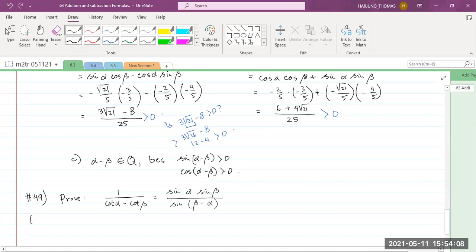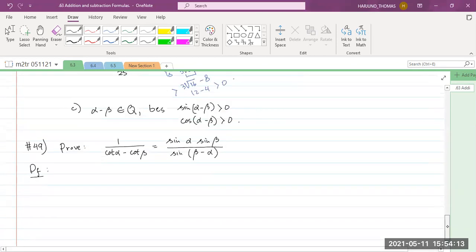Again, to prove, you can go from left to right, you can go from right to left. Either one, but we see which is more complicated. Now, we have the formula for this, don't we? So instead of going from left to right, I will go from right to left.